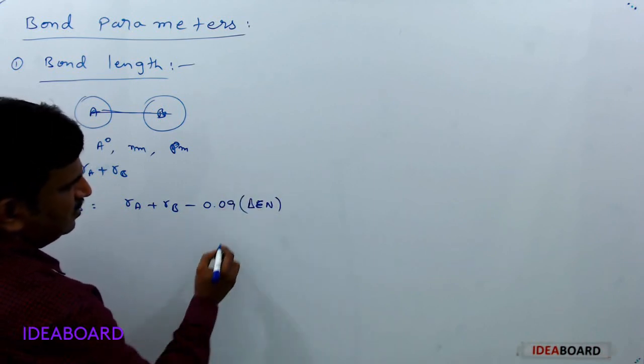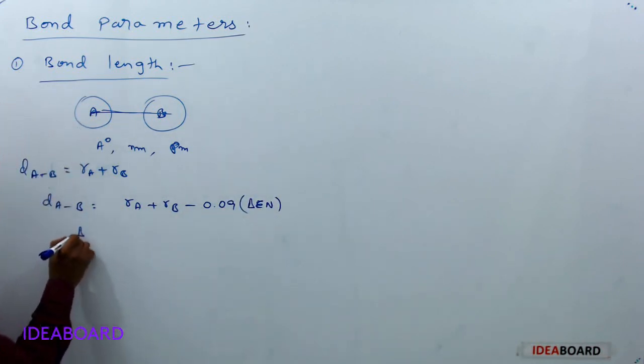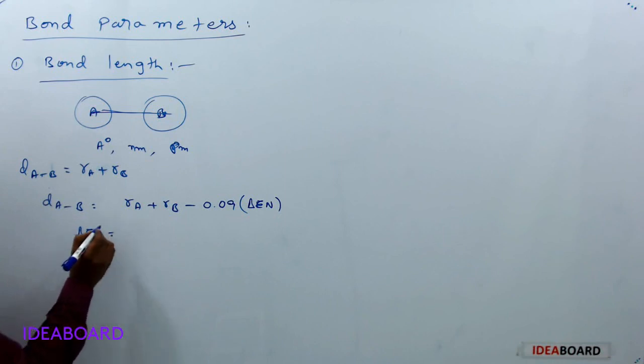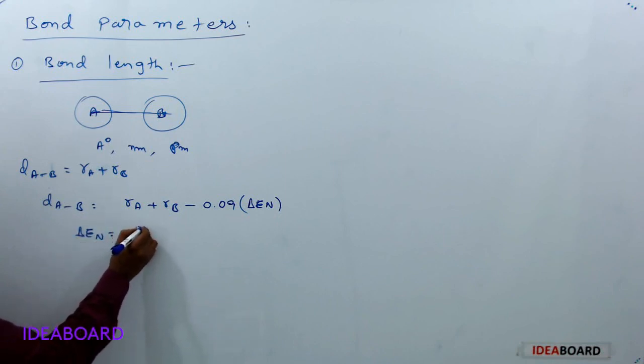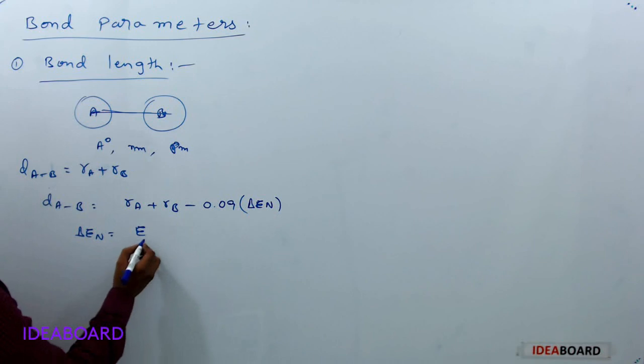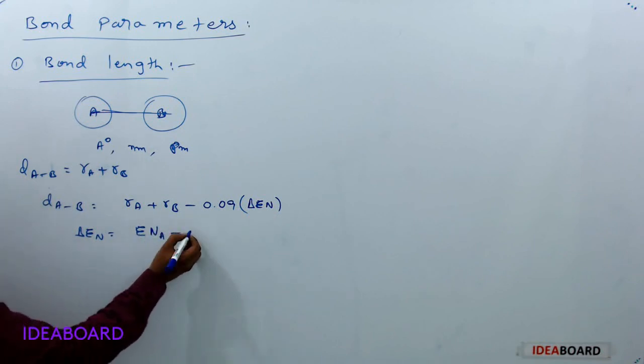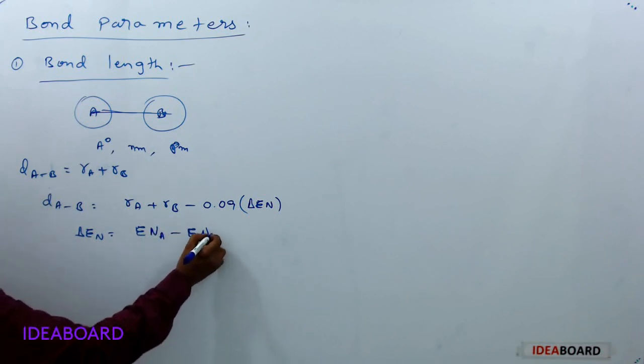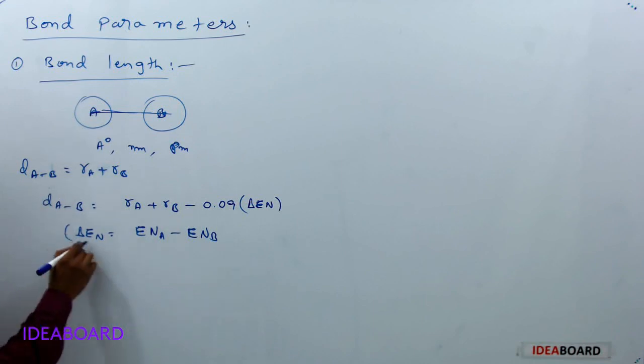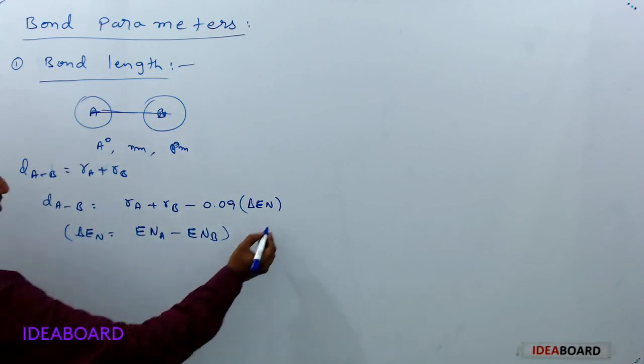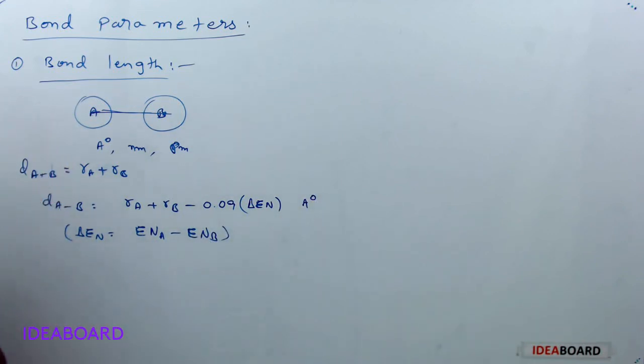Here delta EN is the electronegativity difference, that is, the electronegativity of A minus the electronegativity of B, with bond length in angstrom units.